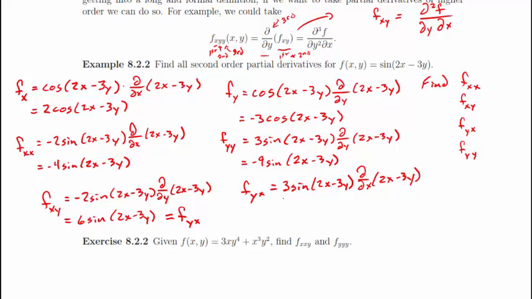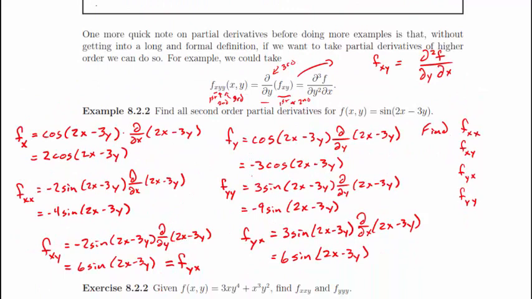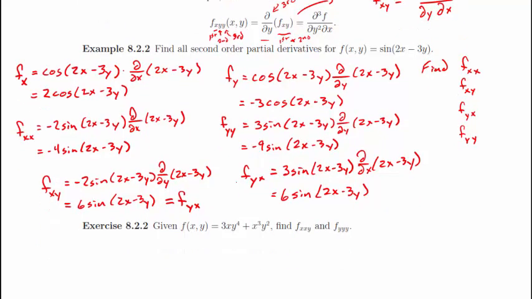This is 2, it multiplies by the 3, and again gives us 6 sine of 2x minus 3y. This by no means proves Clairaut's theorem, but it gives us an indication that it's true in this case. The proof, I believe, may be found in the back of the Stewart textbook. You can also Google it. It's probably a pretty complex proof. I have not gone over it in some time, to be honest.